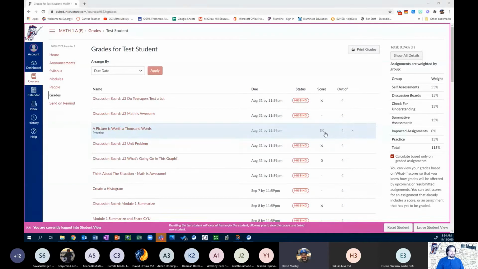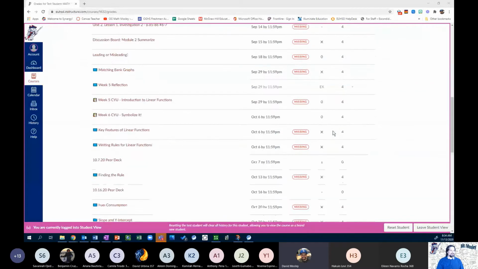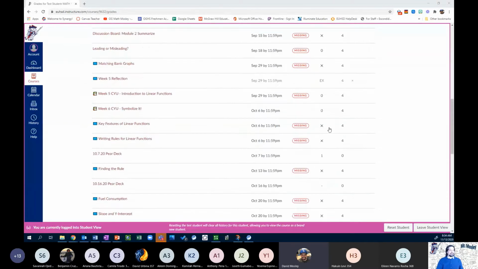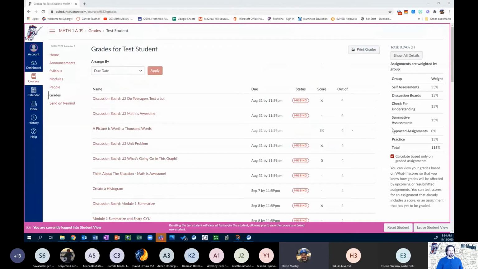If you've been excused from an assignment, it'll say EX. So this is another way to go through and see things that you're missing and what your grade is at. It also shows you the grade breakdown, what things are worth.